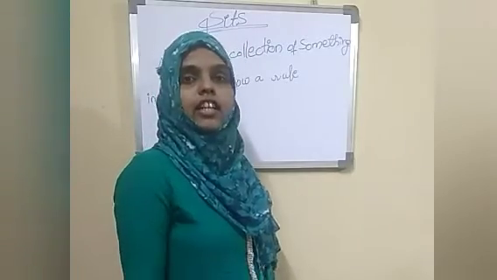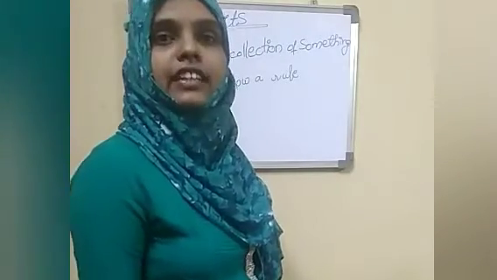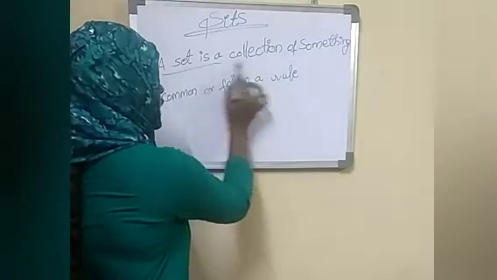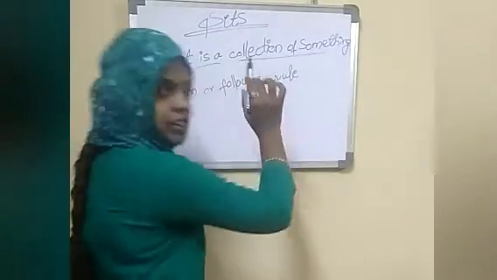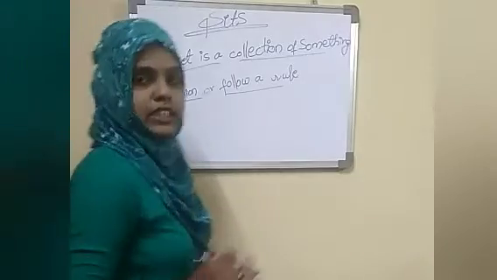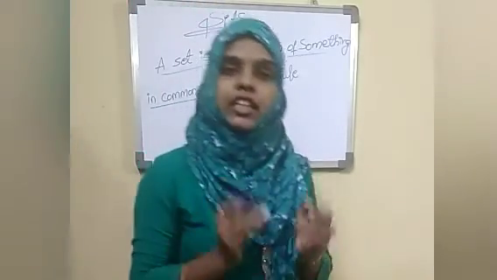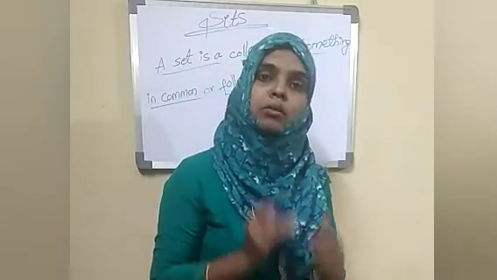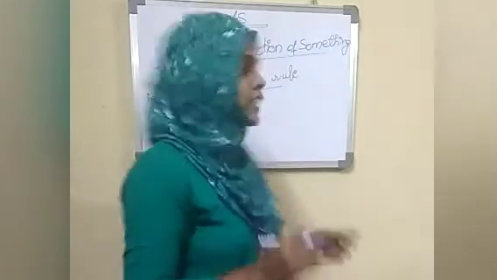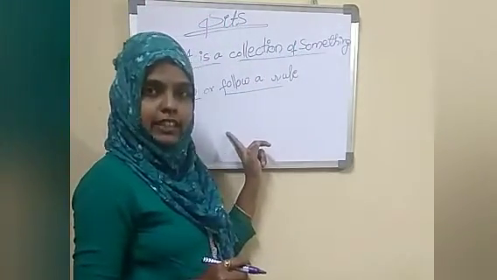Here is the definition of a set. What is the definition of a set? A set is a collection of things with something in common, or which follow a rule.